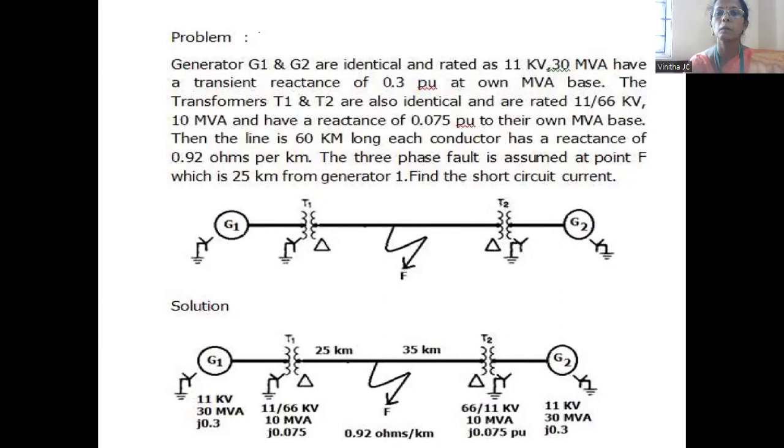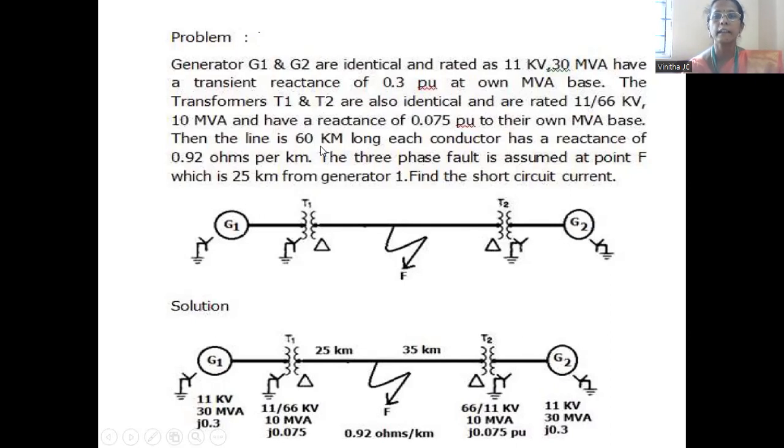So here in this problem, two generators are connected, and both are identical generators rated as 11 kV, 30 MVA, and the reactance is 0.3 per unit. Similarly, there are two identical transformers, both rated as 11 by 66 kV and 10 MVA, and the reactance is 0.075.